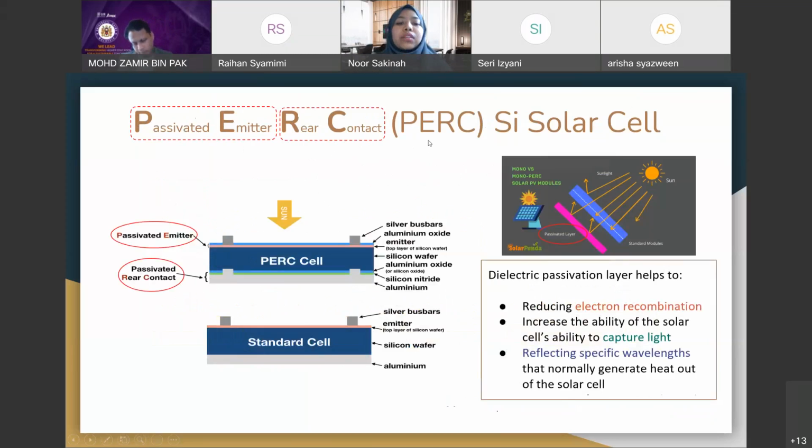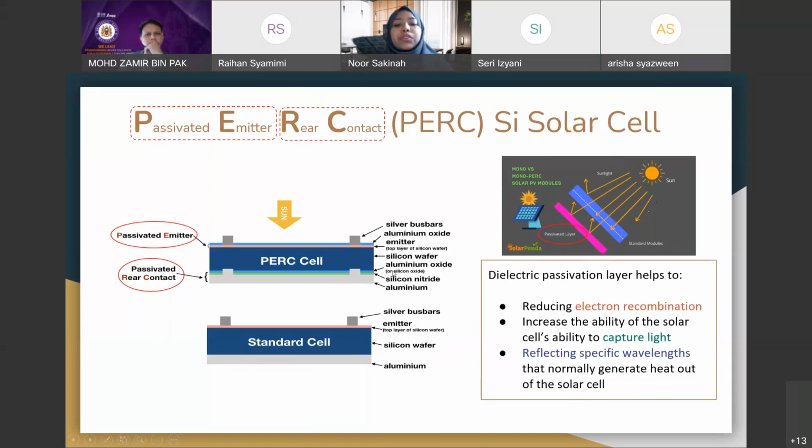These PERC solar panels were built with PERC cells, which have an additional layer on the back of the typical solar cell. And this additional layer allows more sunlight to be captured and turned into electricity, making these PERC cells more efficient than the typical cells.